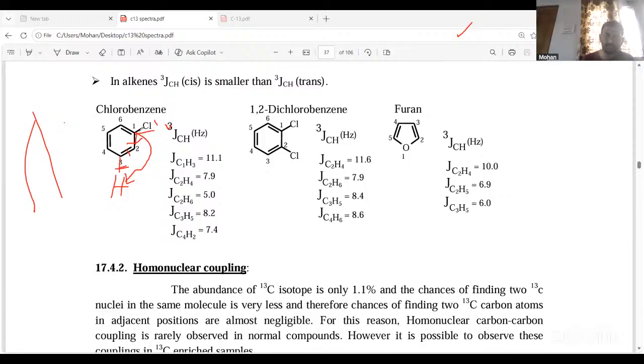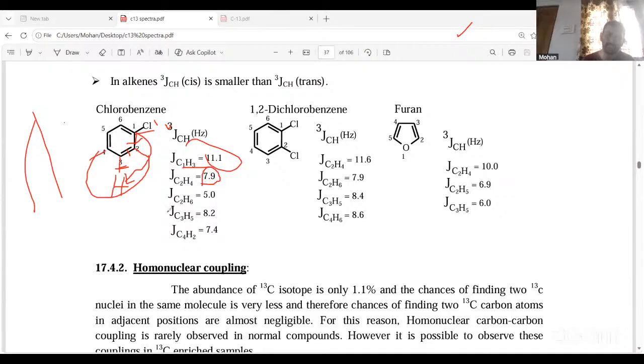So when this C1 carbon is involved in the coupling with the C3 hydrogen, the heteronuclear coupling, the value is noted as 11.1 here. And C2H4 here. This is the C2 carbon here, and here is a hydrogen. So when this coupling takes place, the value is mentioned as 1.9 here.